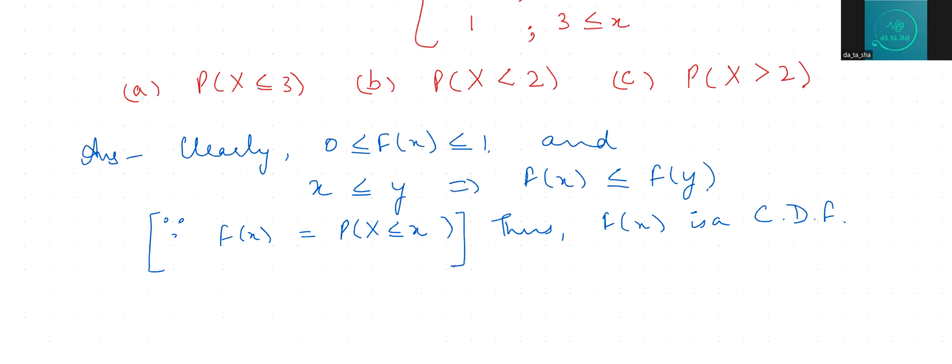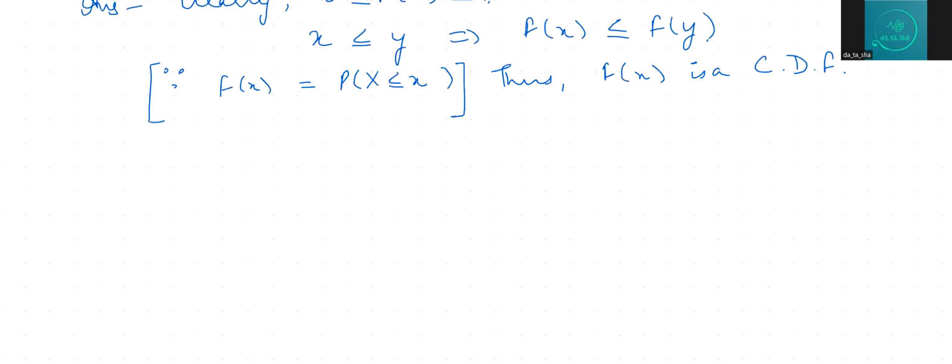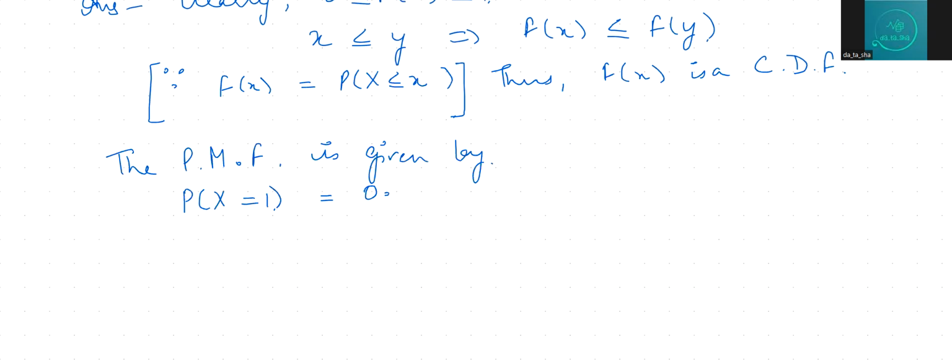So let me just write it here. The probability mass function is given by P of X equal to 1, that is 0.5 minus 0, and P of X equal to 3, that is 1 minus 0.5, which is again 0.5. So the only points we are considering here are 1 and 3, and these would be their respective probabilities.